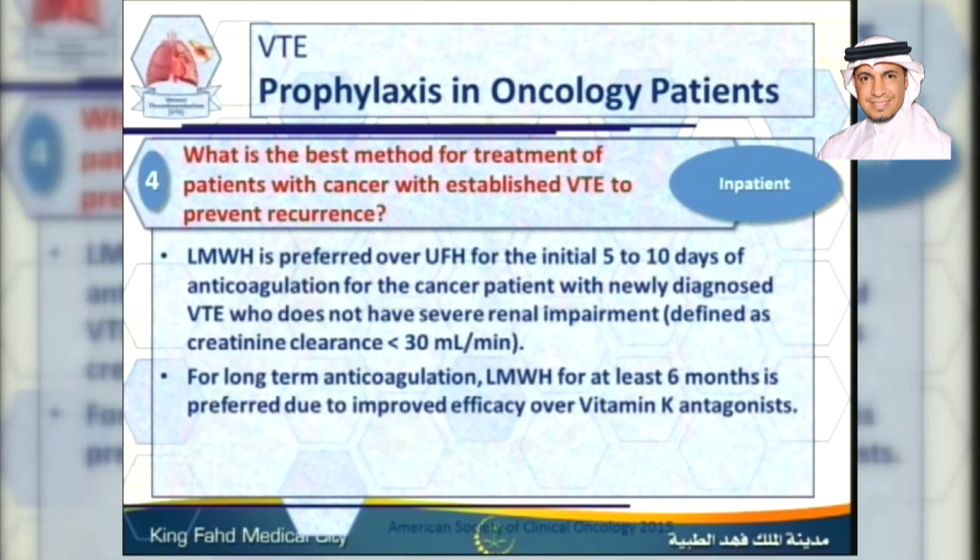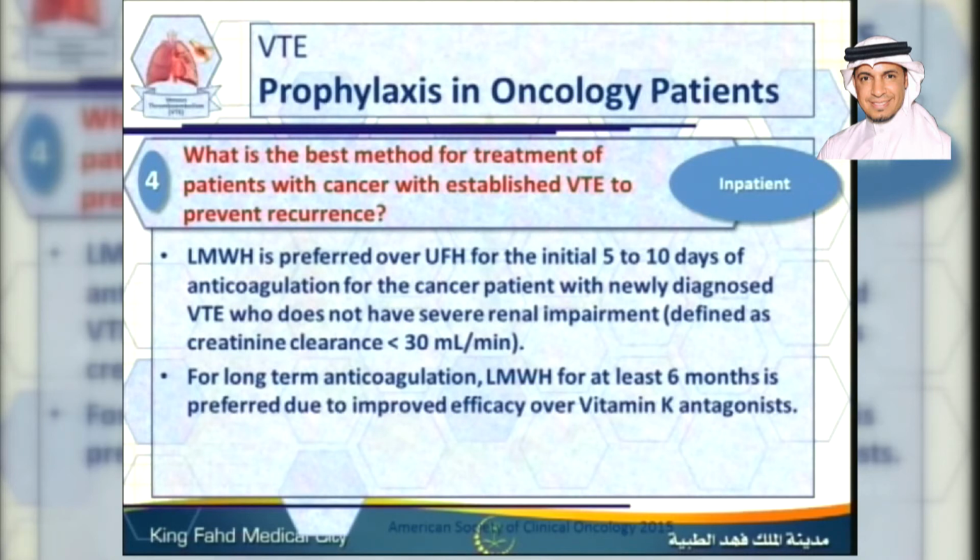For treatment of a patient with cancer-associated thrombosis, low-molecular-weight heparin is preferred over unfractionated heparin for initiation, 5 to 10 days of anticoagulation for newly diagnosed VTE in those who don't have severe renal impairment, less than 30. For maintenance, low-molecular-weight heparin for at least 6 months.